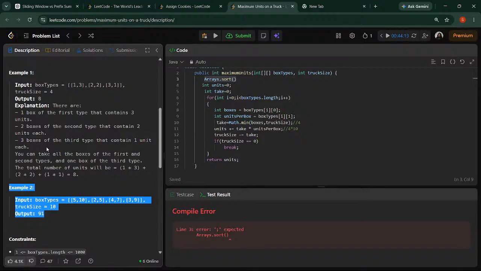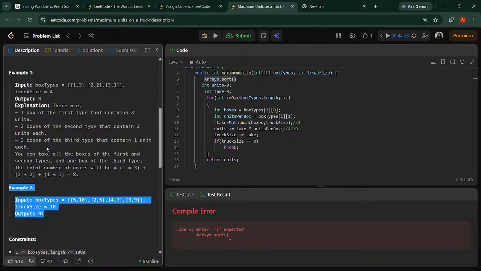Boxes is 1. We got unit as 3. We took the minimum 1, comma 4. And then we added the units.